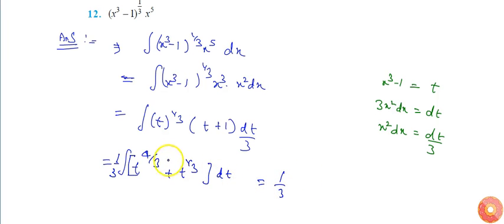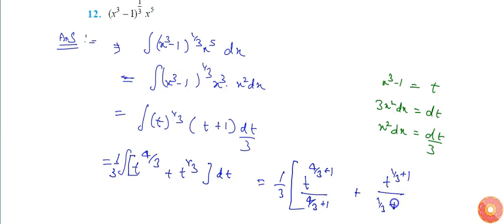I can integrate separately, so t power 4 by 3, now I can use the formula x power n plus 1 divided by n plus 1. So here it will be t power 4 by 3 plus 1 over 4 by 3 plus 1, and here it is t power 1 by 3 plus 1 over 1 by 3 plus 1, and the integration constant, which is c.